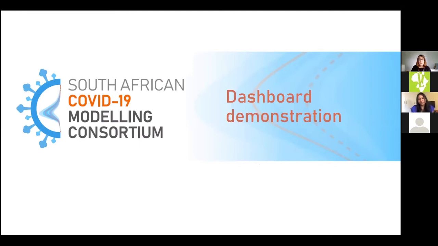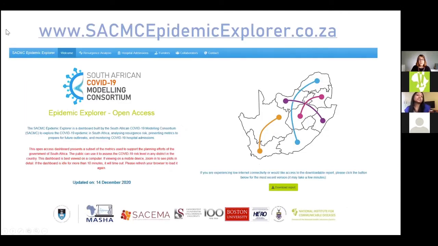And so we come to the dashboard demonstration. Next slide, please, Gazina. The dashboard is available at this URL, www.sacmcepidemicexplorer.co.za, noting, of course, that the URL is available in lowercase only, but we're just showing the caps here in order to make it easier for the public to remember.